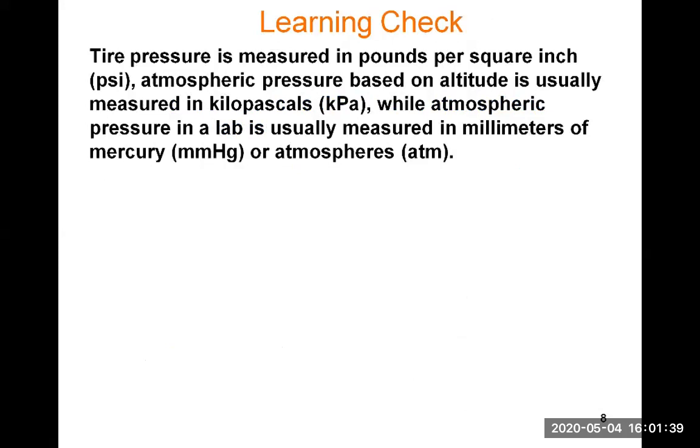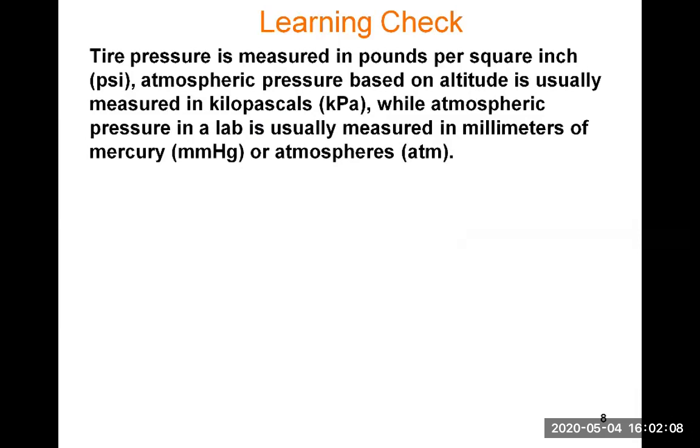So tire pressure is measured in pounds per square inch. Maybe you've seen that in your car, if you have one. If you open the door, inside the door, it says the PSI that the tires need for a car. Atmospheric pressure based on altitude is usually measured in kilopascal.